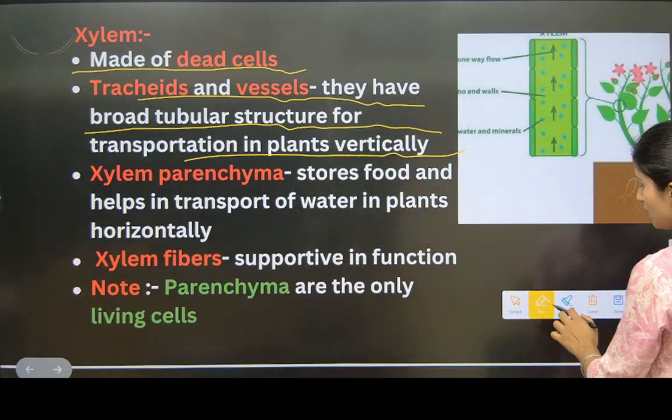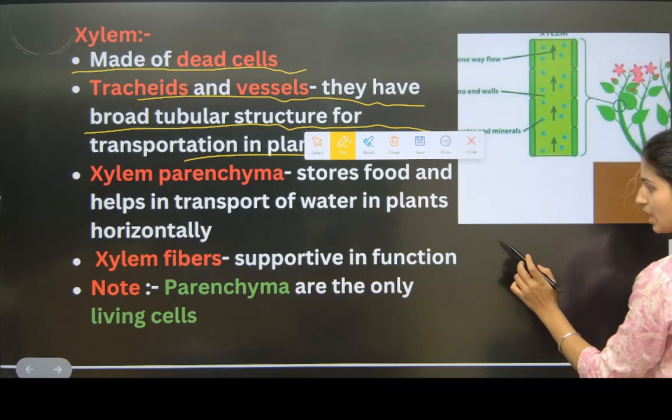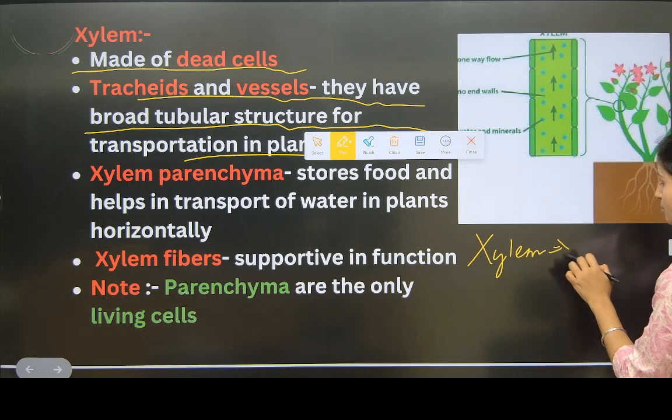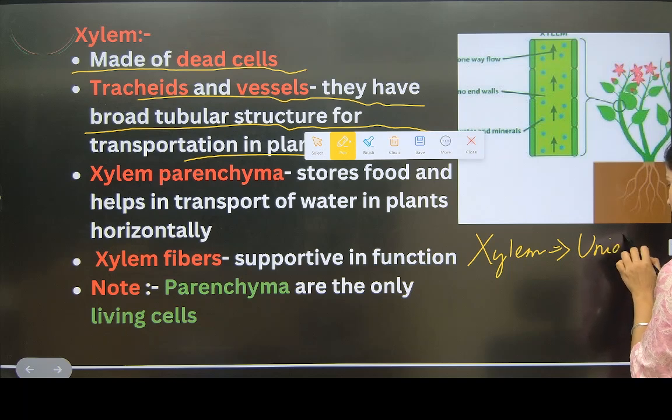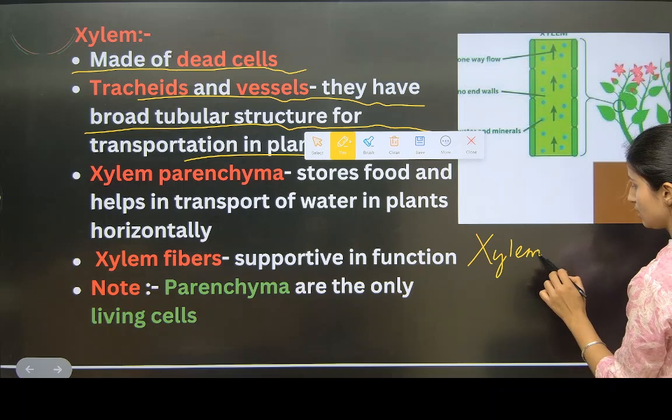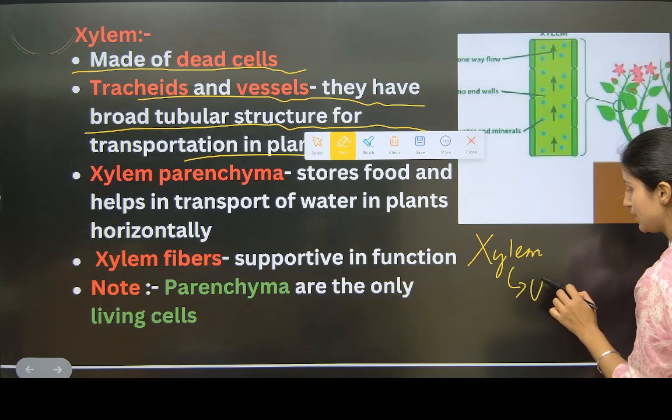Now see, write a note here: xylem tissue is unidirectional.